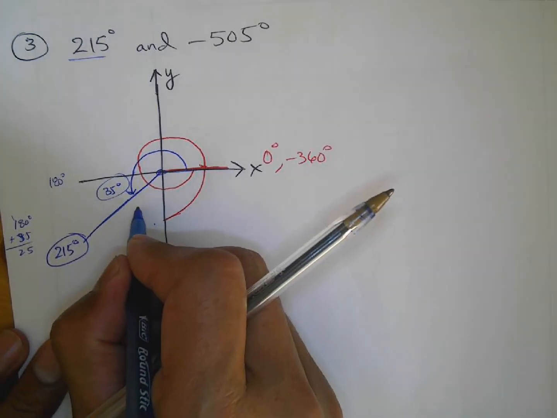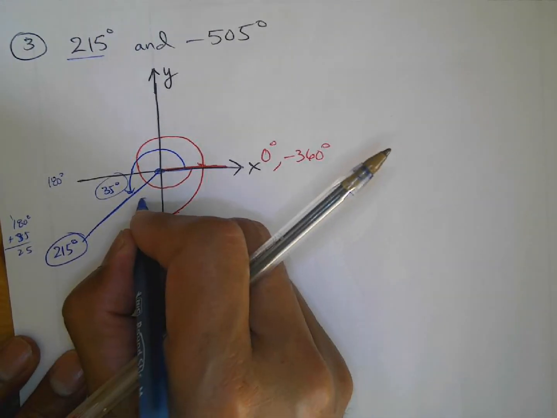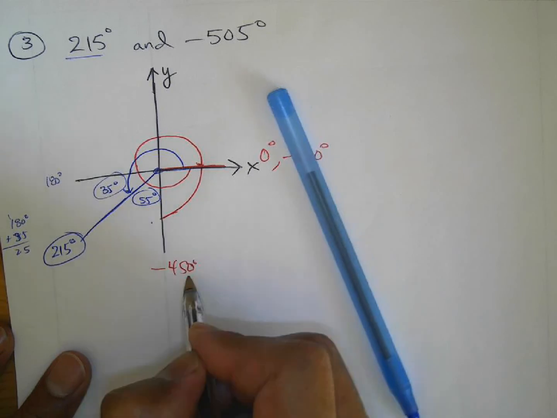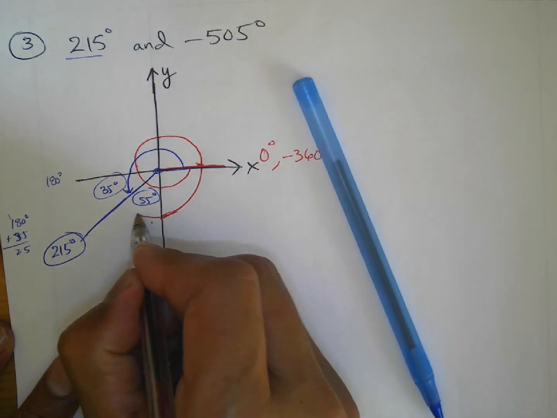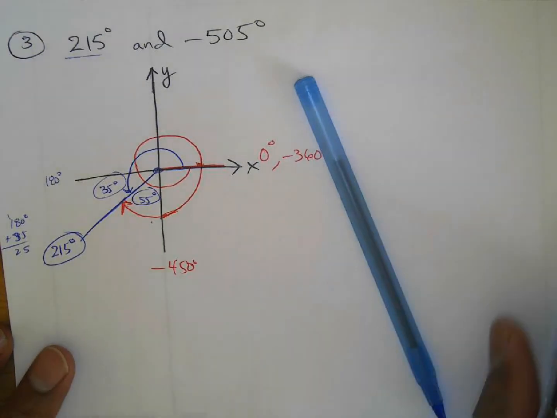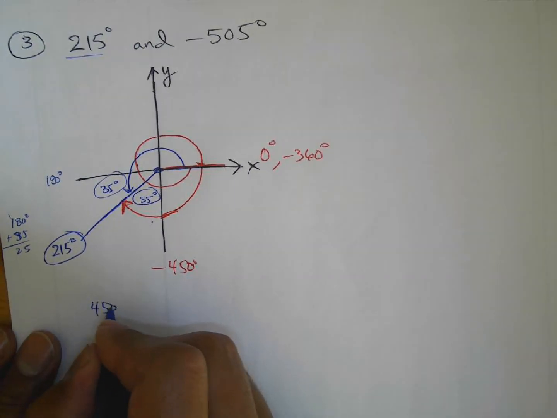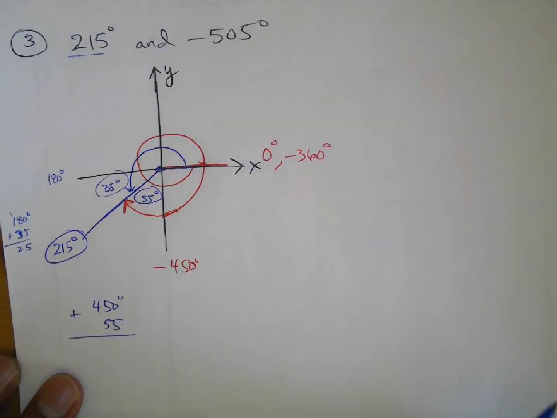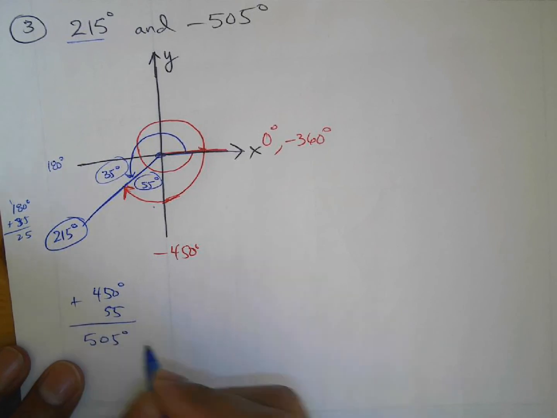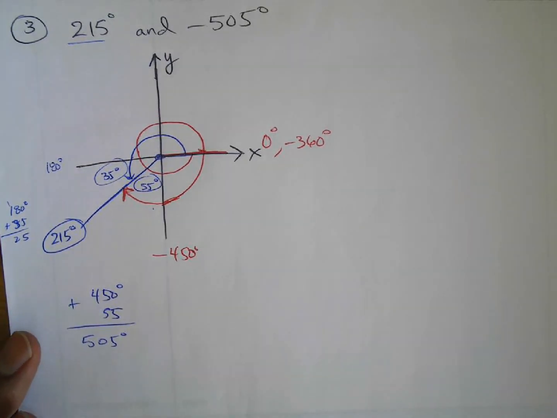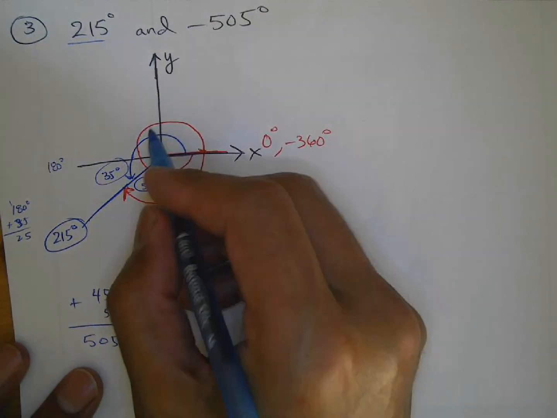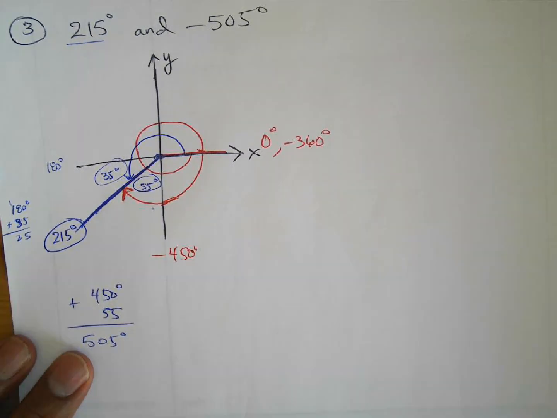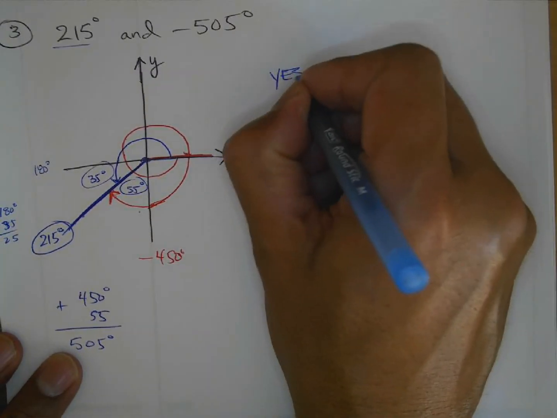If this is 35, this one would be 55. And if you go negative 450, which I'm here, plus this 55, does it give me exactly to there? 450 plus 55 more. Does that give you 505? Yes, it does. So they do share this same what? Terminal side. They do land and stop right there in the same place. So yes, these are coterminal.